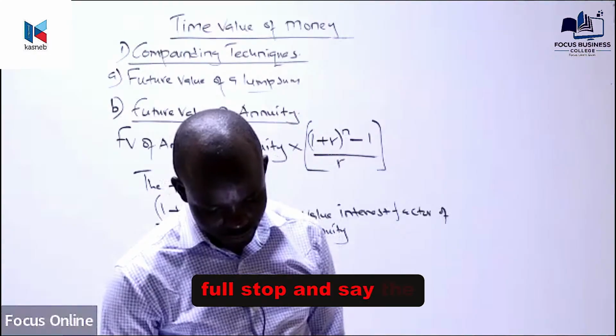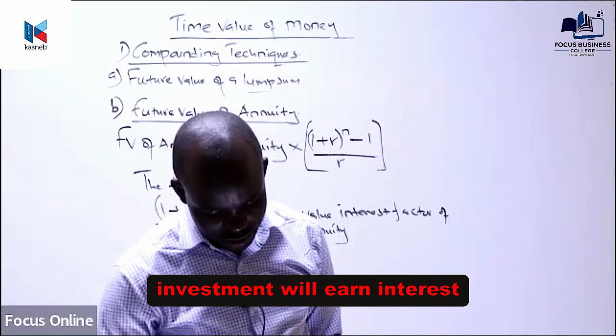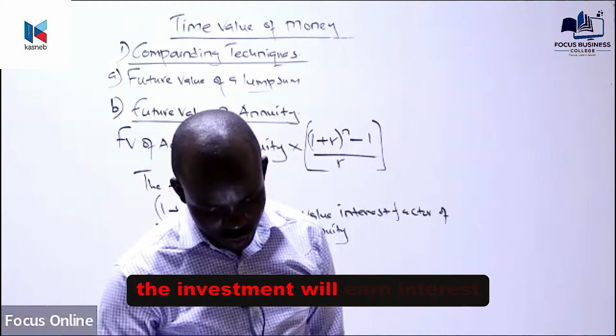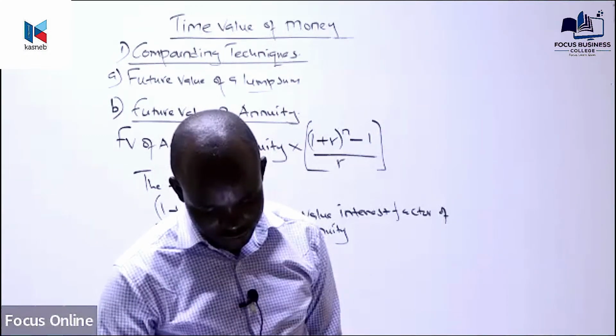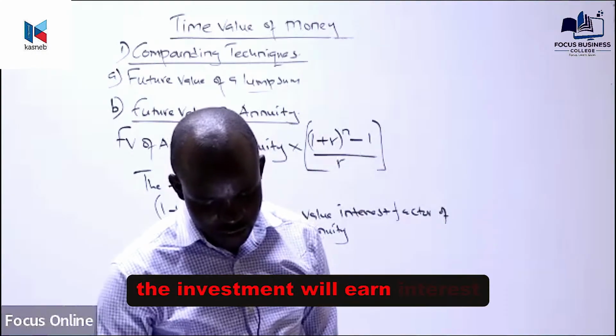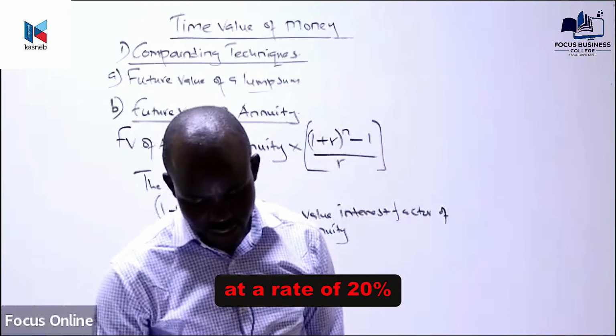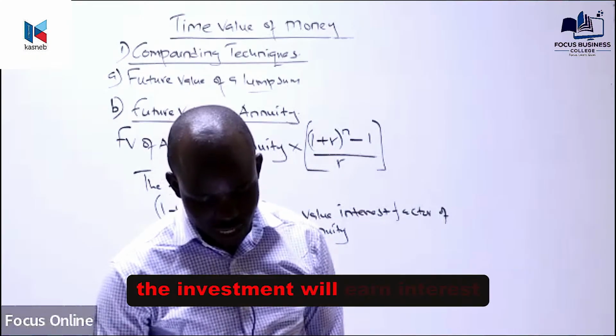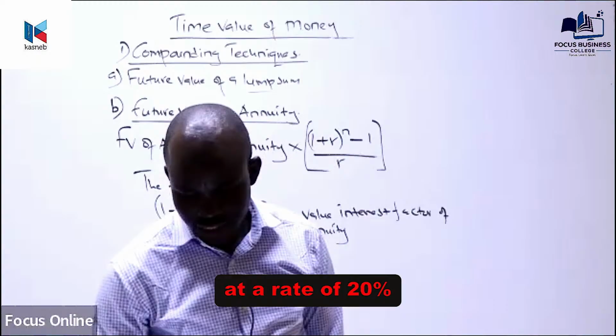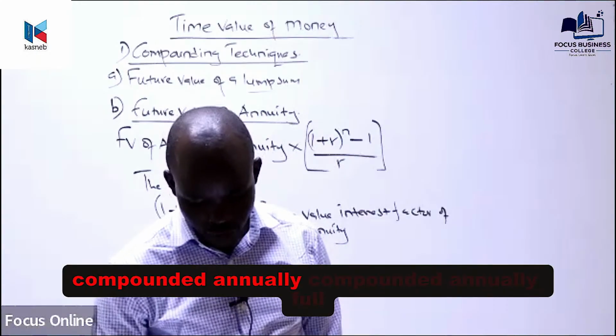Full stop, and say the investment will earn interest at a rate of 20% compounded annually. Compounded annually. Full stop.